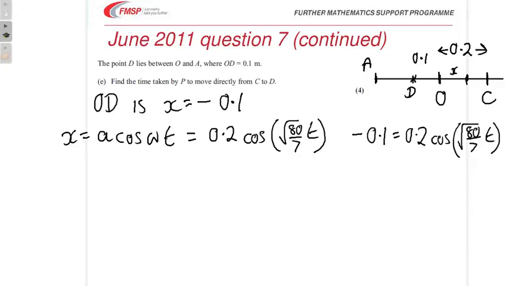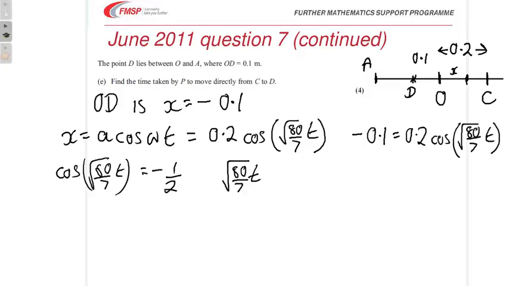So minus a half is cos of root 80/7 t. That tells us that the angle there then is 2 pi over 3. Take a minute to pause the video and just check that if you like.